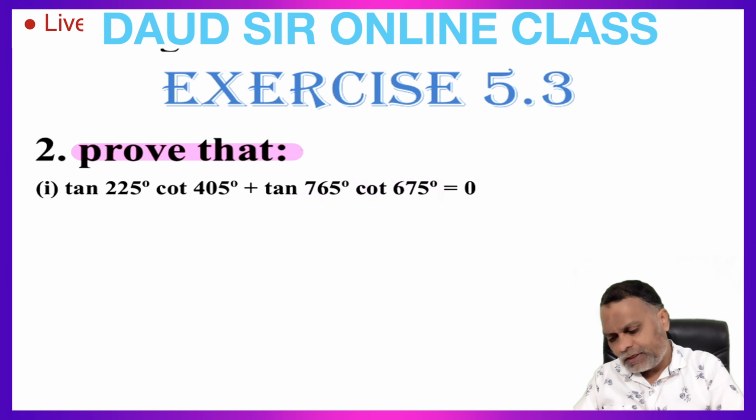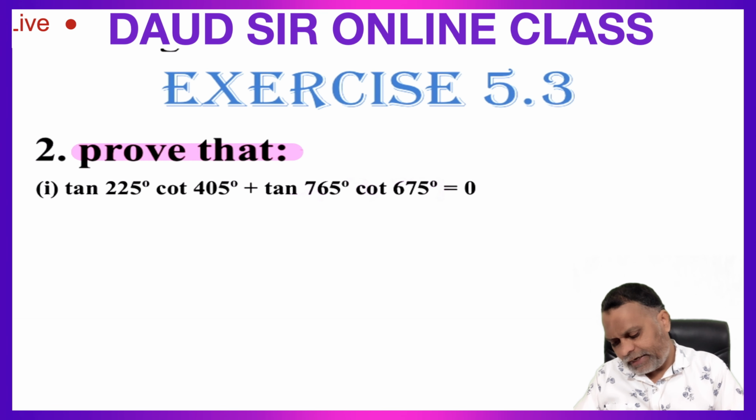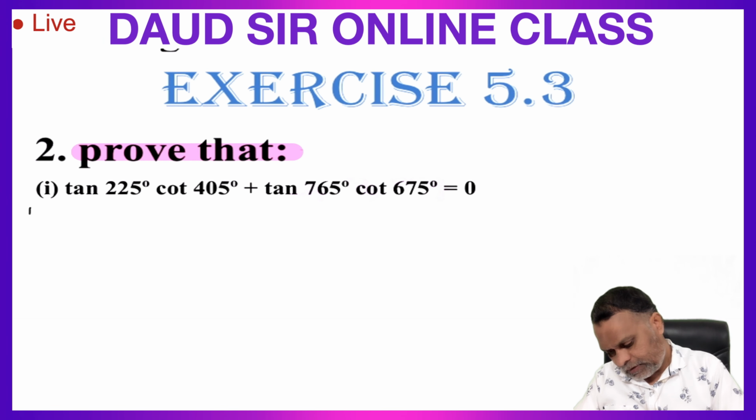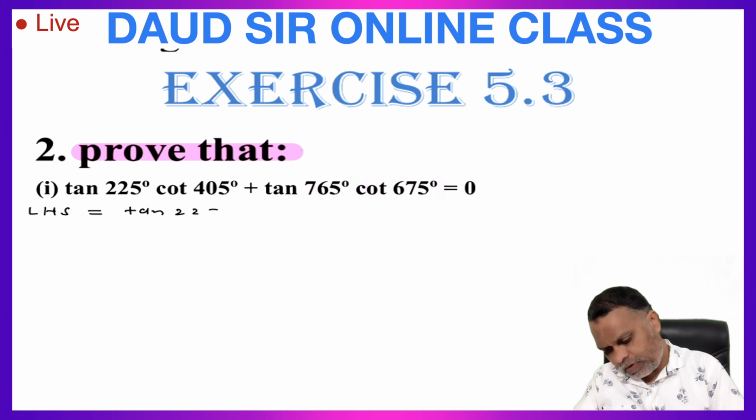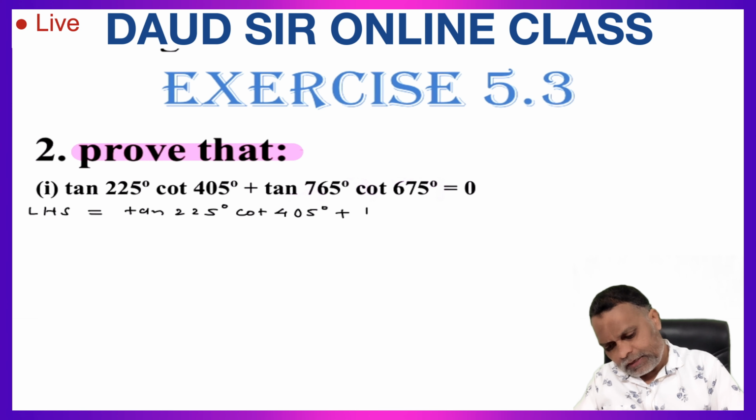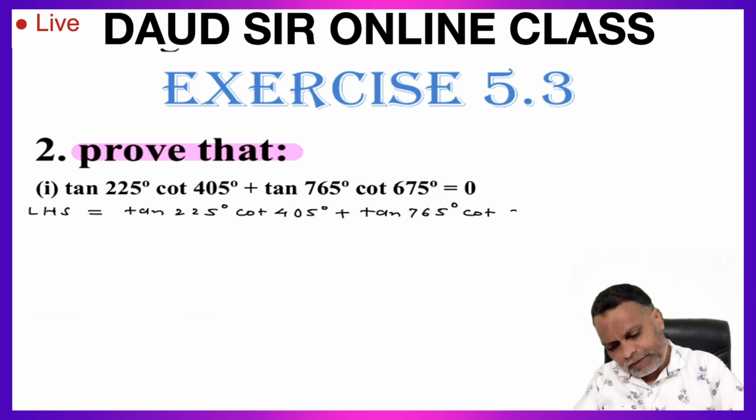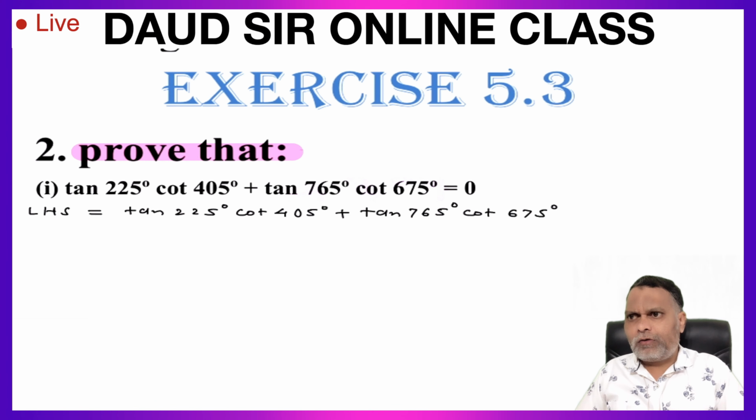So for proving this, just taking left hand side, LHS is equal to tan 225 degree into cot 405 degree plus tan 765 degree into cot 675 degree. We have to prove this equal to 0.